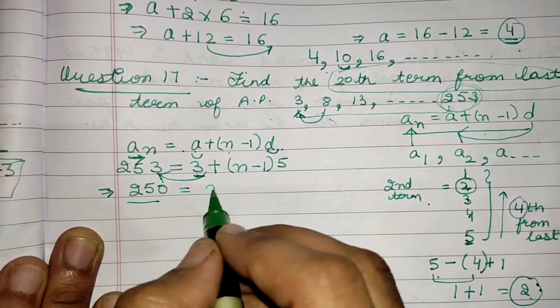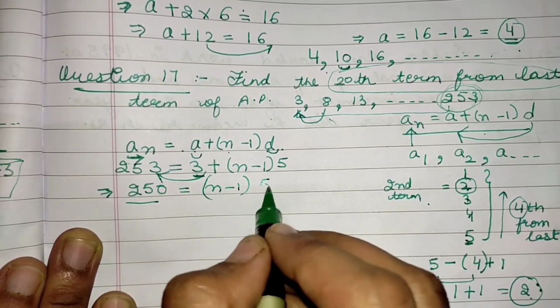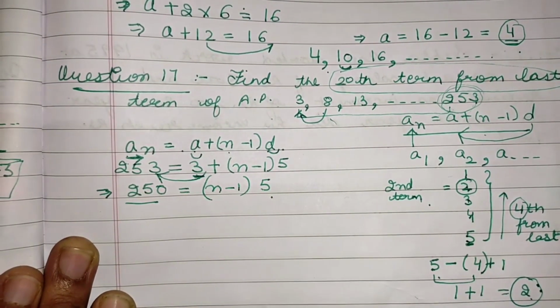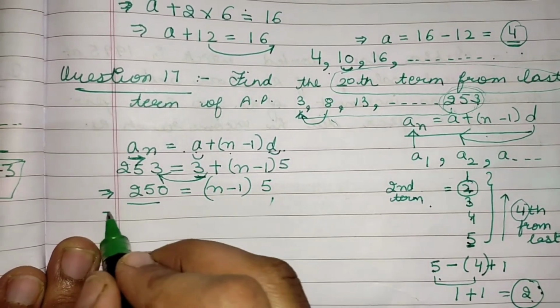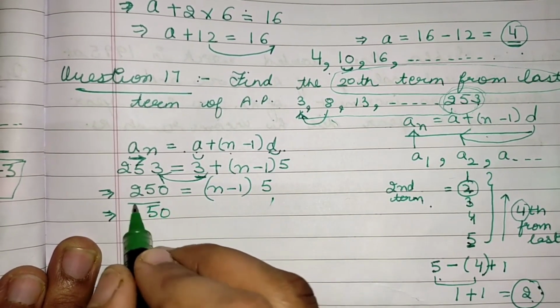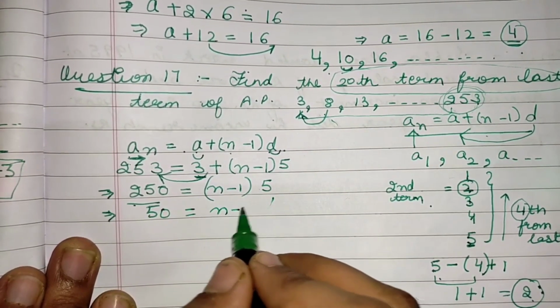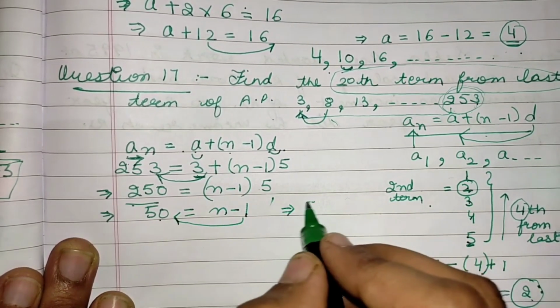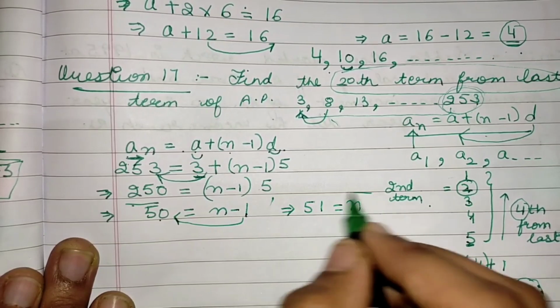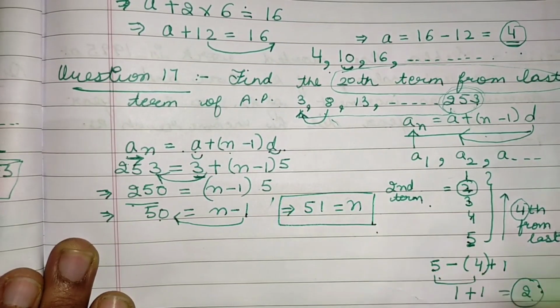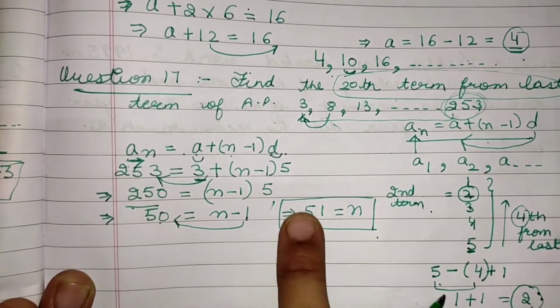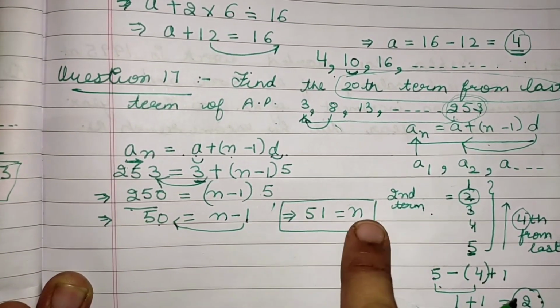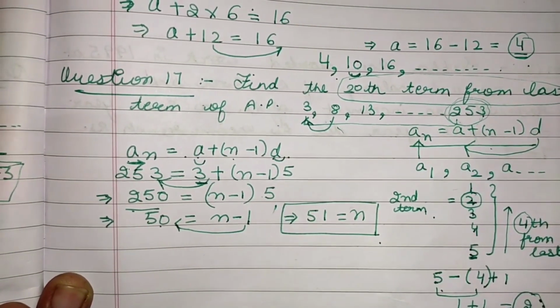I will get 250 is equal to n minus 1 into 5. So this 5 will be divided, and I will get 250 by 5 is equal to 50. This 1 will be added here, then 50 plus 1 will be equal to 51, is equal to n. Means there are a total of 51 terms in the AP.